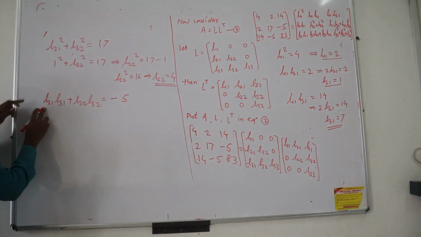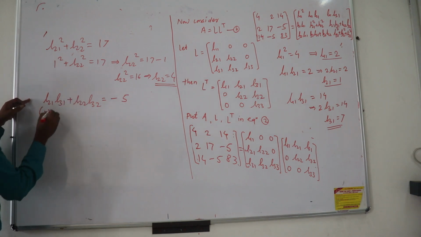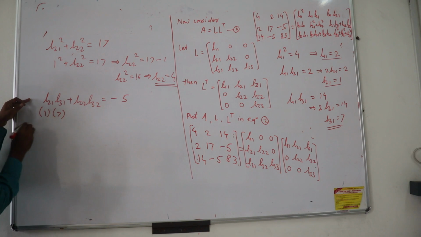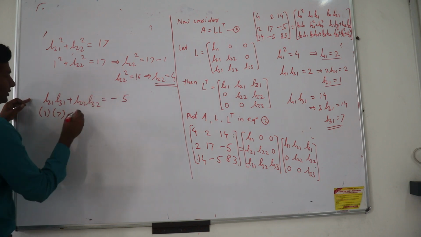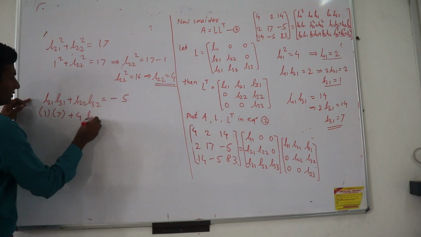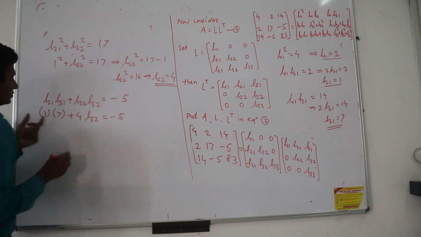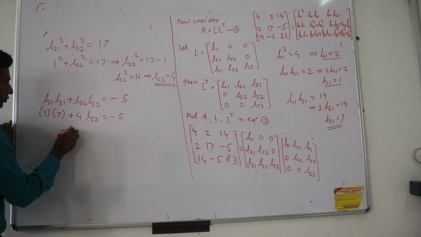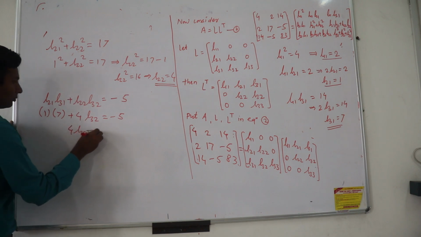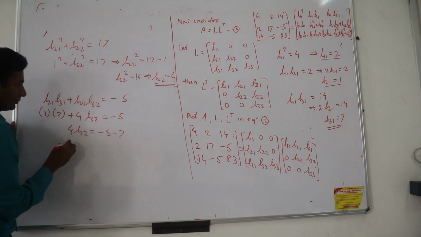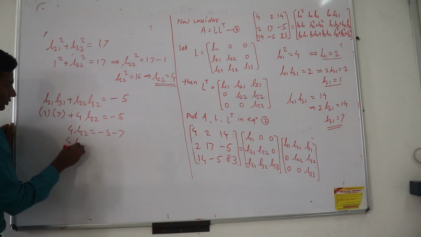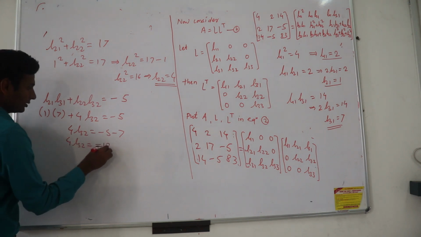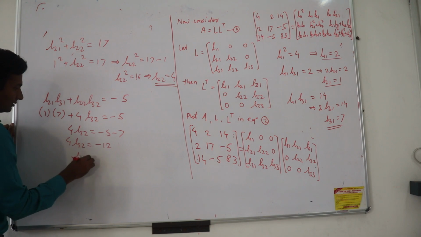L21 is 1, L31 is 7, plus L22 is 4, L32, is equal to minus 5. Now 7 into 1 becomes 7, take it to the right hand side. So 4 L32 is equal to minus 5 minus 7, that is 4 L32 is equal to minus 12, that is L32 is minus 3 by dividing by 4.